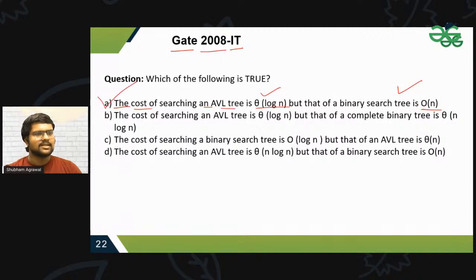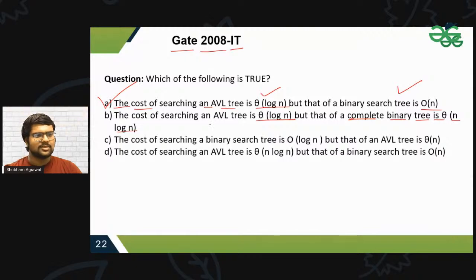But now let's see the other options also, since we got lucky that our first statement is correct. In the second statement, the cost of searching for an AVL tree is theta of log n, and that of a complete binary tree is n log n. Here it is false, because for a complete binary tree, it will be log n only.